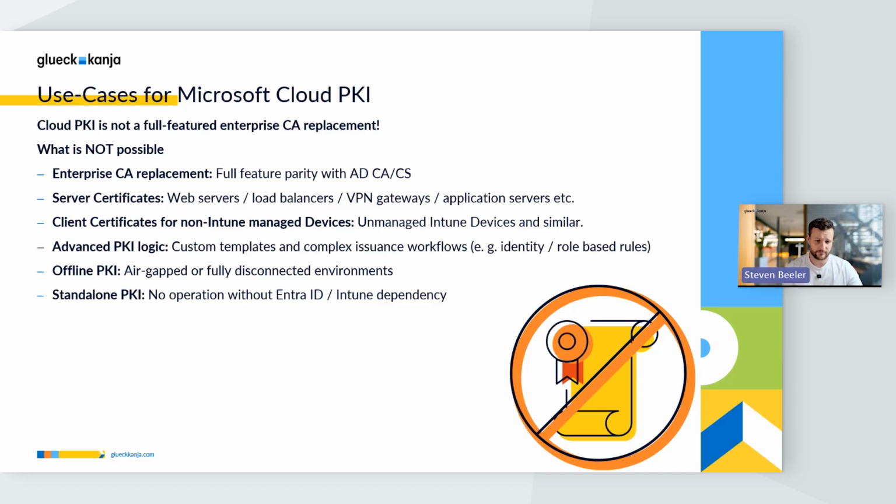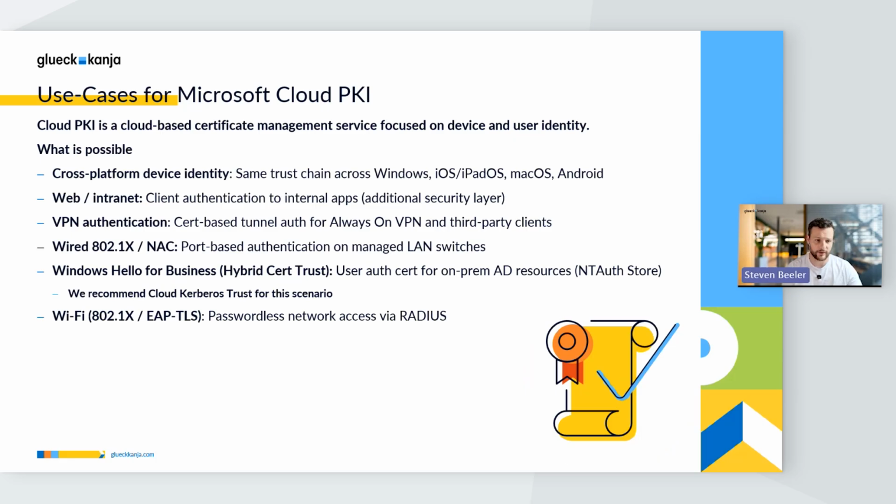So now that we got out of the way what Cloud PKI is not, let's talk about the actual use cases. So as I mentioned, it is really meant for your Intune managed devices and identities, so that you have a cross-platform device identity across Windows, iOS, iPadOS, macOS, and Android, as mentioned before.